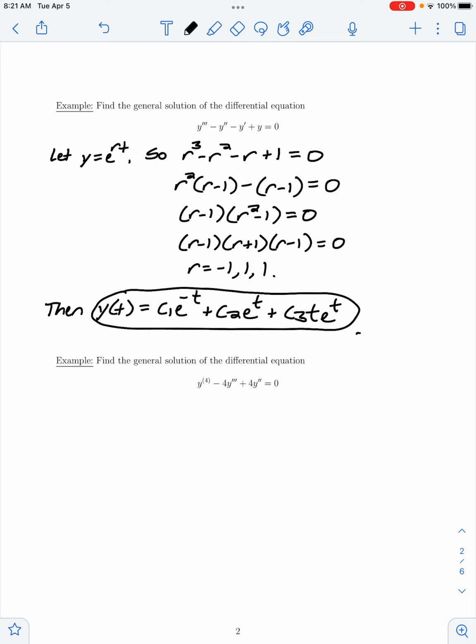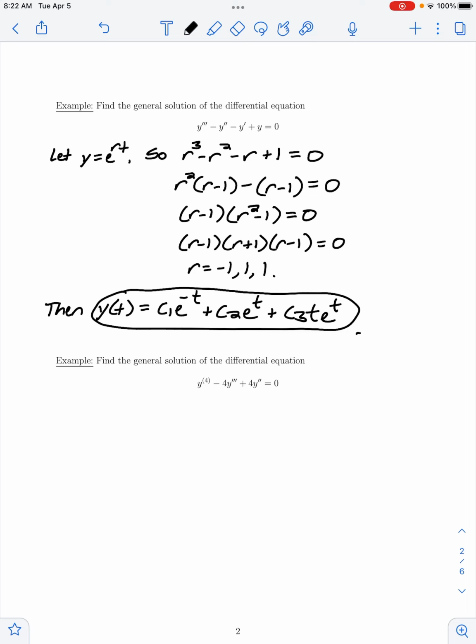So we see that this solution approach is again very similar to what we saw from chapter 3. For higher order equations, we just have a higher degree characteristic polynomial and therefore more roots. So our general solution contains more terms.